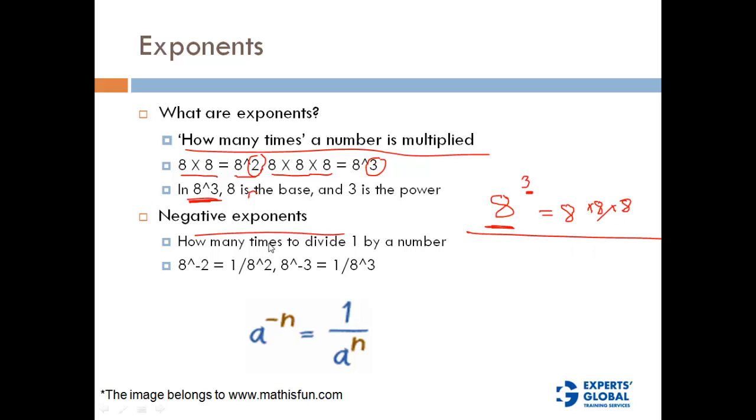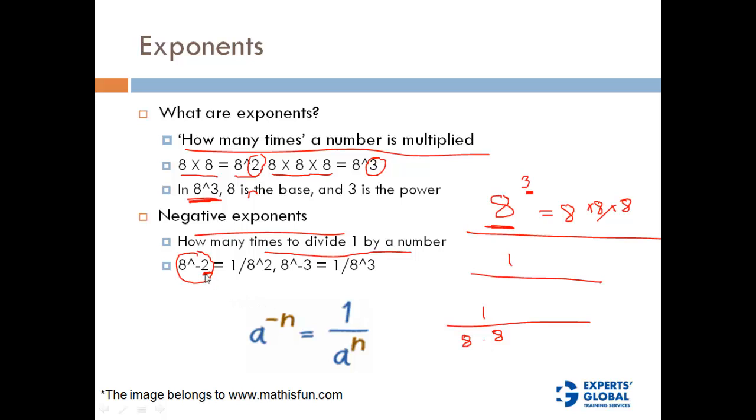Negative exponents: how many times to divide 1 by a number. So you are dividing 1 by a particular number. Let's say in this case 8 raised to minus 2. So what I am doing is I am dividing 1 by 8 and then again by 8 because it is 8 raised to minus 2.